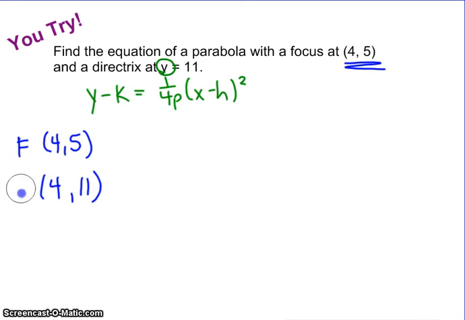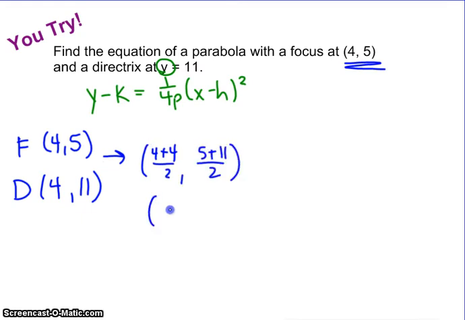Oops, that's D for directrix, excuse me. Let's find the midpoint of these two. 4 plus 4 over 2 and 5 plus 11 over 2 will give me the vertex of 4, 16 over 2 is 8. So this right here is my vertex.